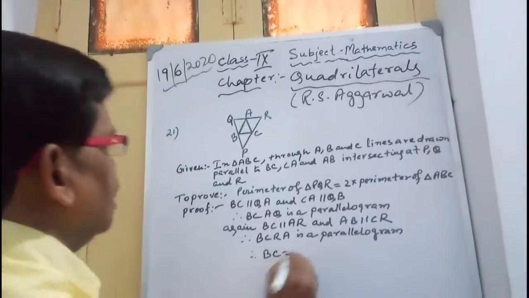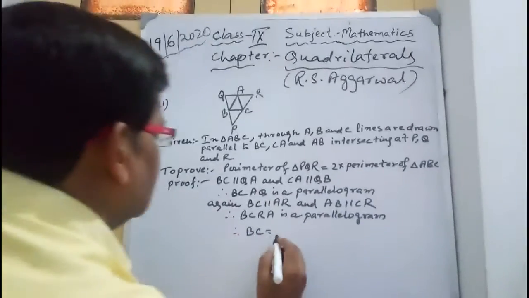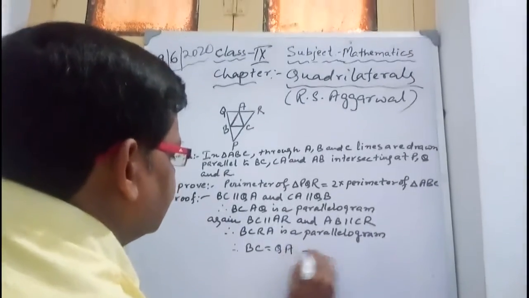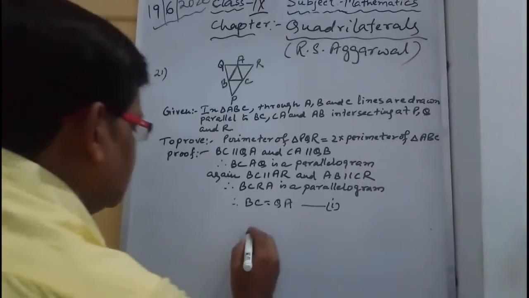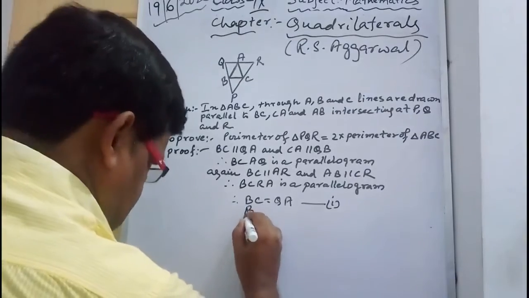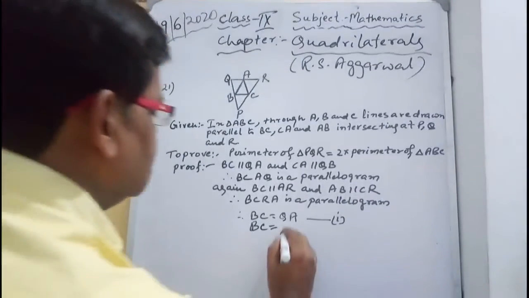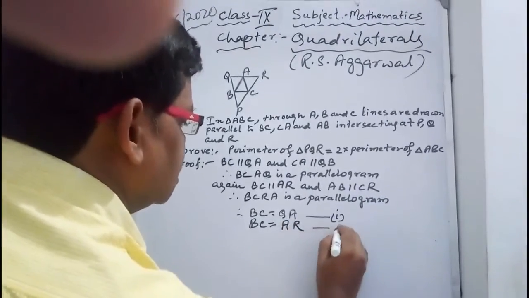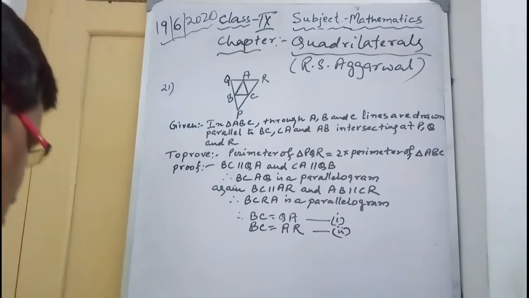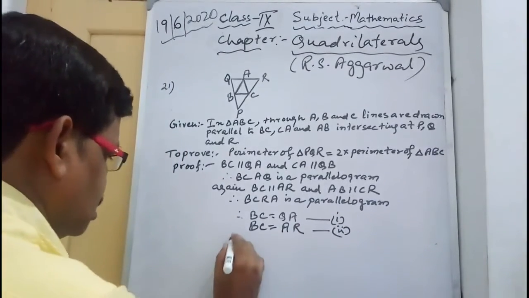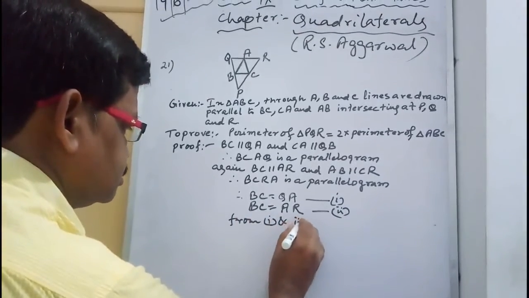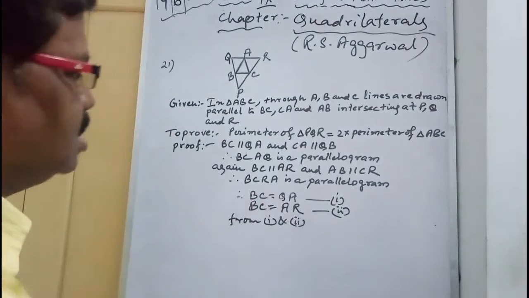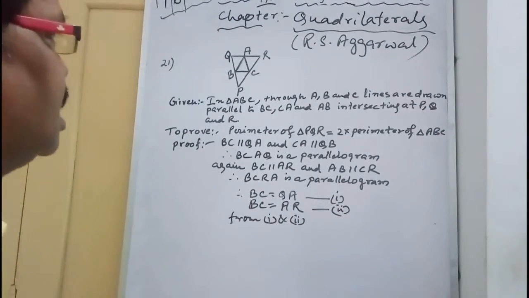Therefore, BC equal to QA, Roman 1, and from this figure BC equal to AR, 2. So from 1 and 2, BC is equal to QA and BC is equal to AR.